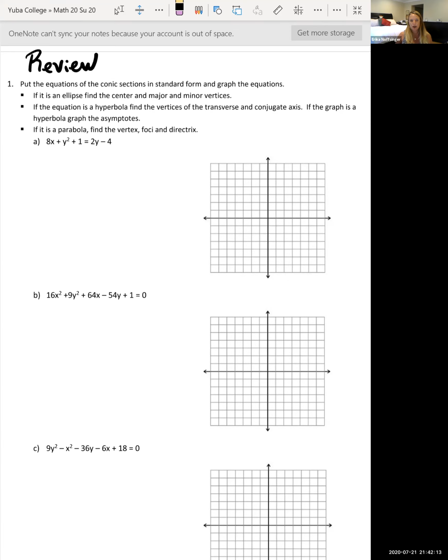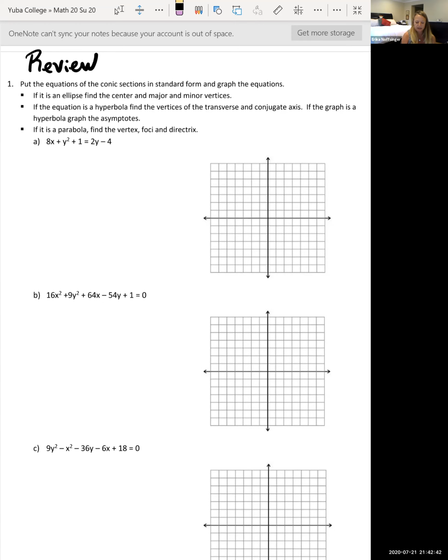If just the y part is squared, it's going to be a left or right parabola. If you had both x squared and y squared with the exact same coefficient, then it was a circle. If the coefficients were not the same number but had the same sign, both positive or both negative, it was an ellipse. And if they were opposite signs, it was a hyperbola.